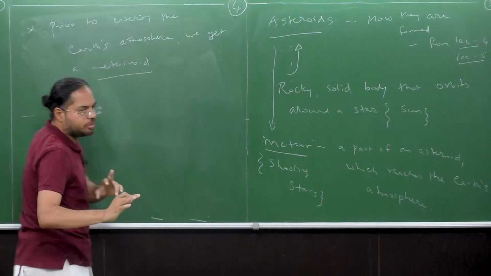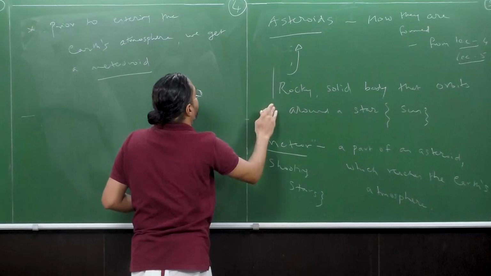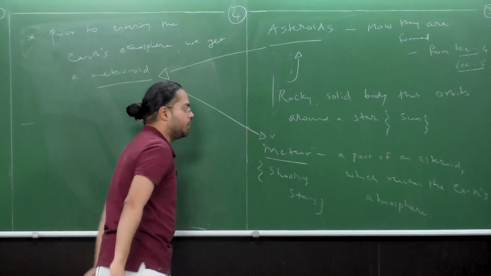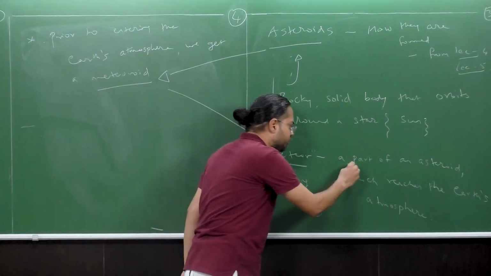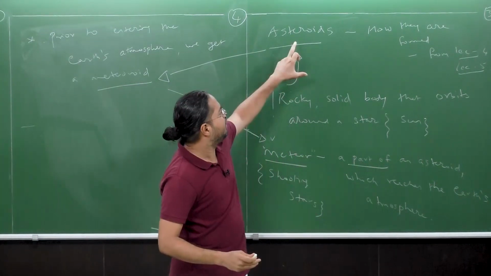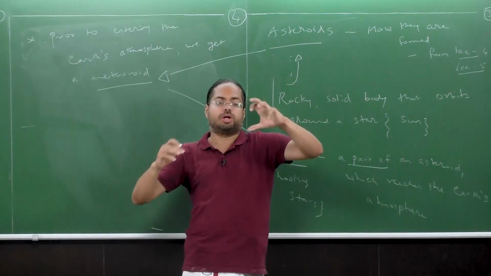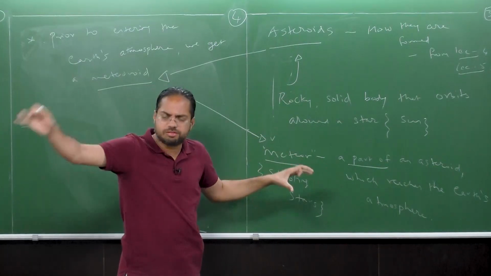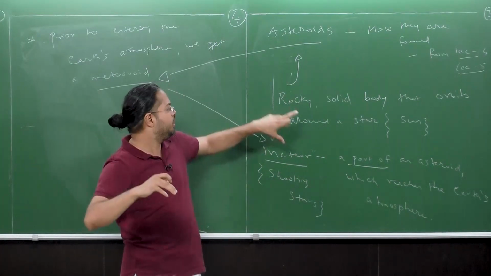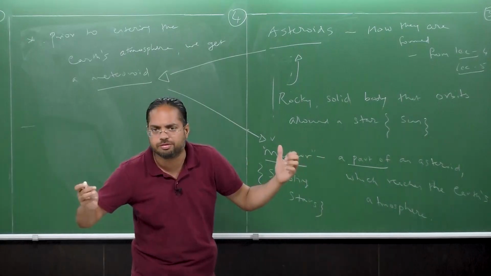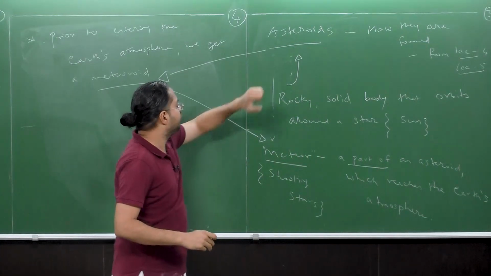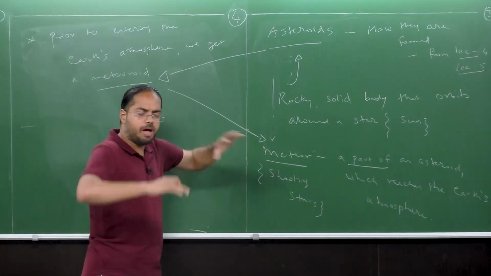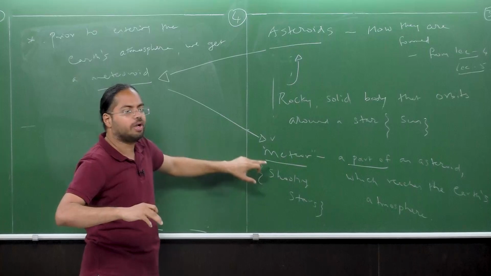Okay, so the exact sequence should more correctly be an asteroid becoming a meteoroid, and that becoming a meteor. But notice that I've said a part of an asteroid, because it's not a complete asteroid. Asteroids are very heavy. It's only a chunk of an asteroid that even reaches the Earth's atmosphere, because due to various processes, the rocks get broken, literally. So the asteroid first becomes a meteoroid, and whatever enters Earth's atmosphere is called a meteor.